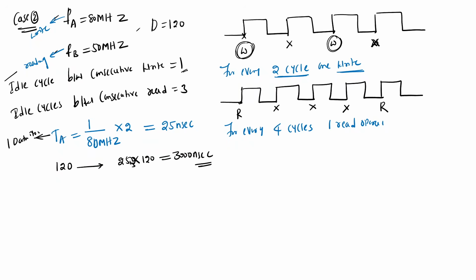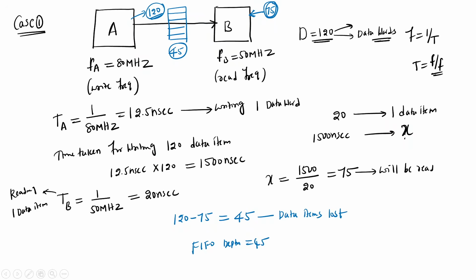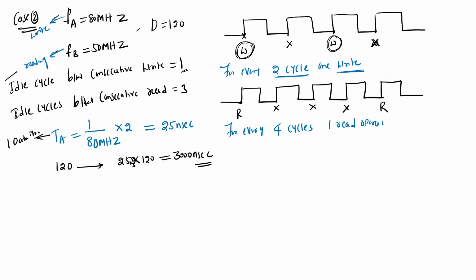That's why I need to multiply. Time is equal to one by frequency. Previously there were no idle cycles, so we took TA equal to 1 by 80 megahertz. But here there are some idle cycles, so every two cycles one write operation is happening. That's why I am multiplying this TA with 2.